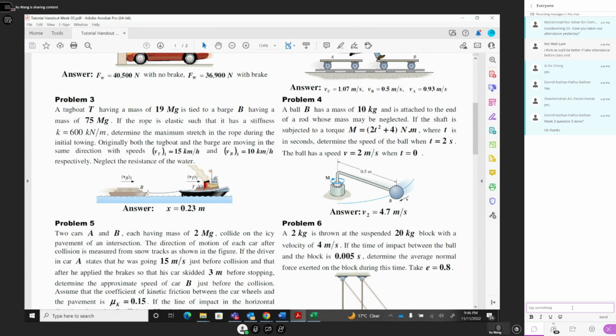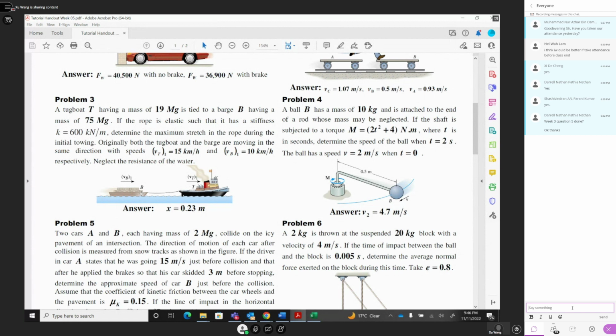If you reach the maximum stretch, it means it cannot stretch anymore. It means that these two boats move together. That's called maximum stretch. Okay, so before you reach maximum, they move separately.